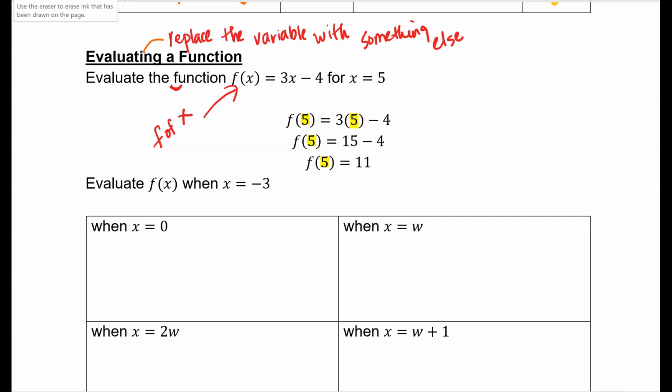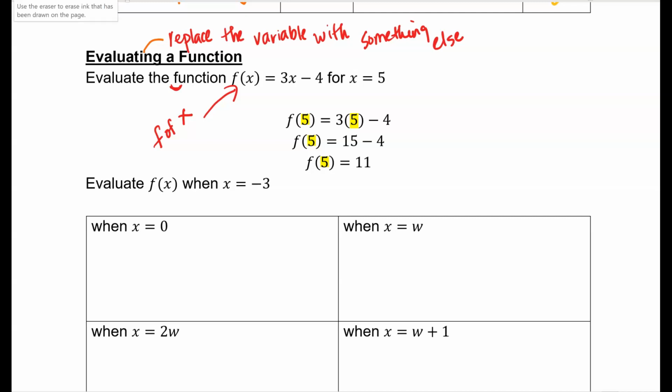It's pretty simple. So notice that we rewrite the function, and wherever there is an x, we replace it with a 5. I would like you to always put a parenthesis anytime you are evaluating a function. Okay? That's going to be very, very helpful.